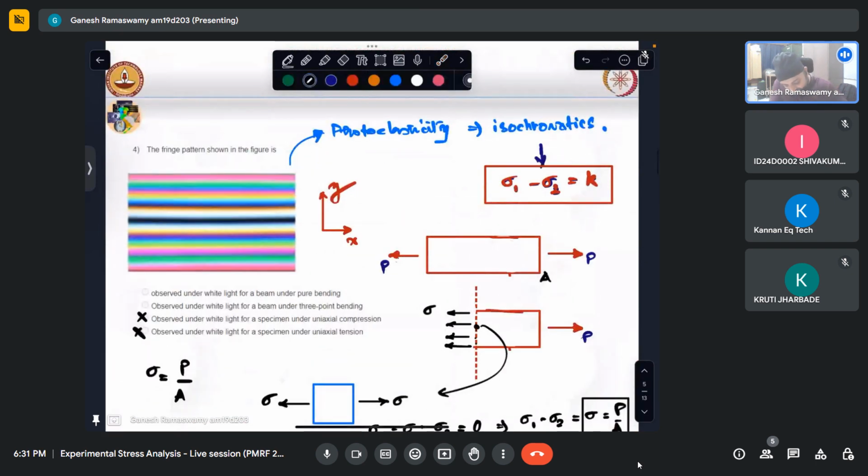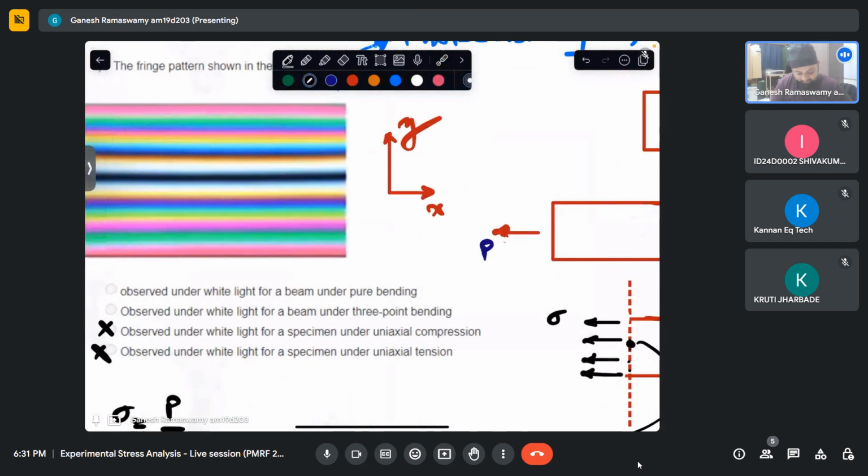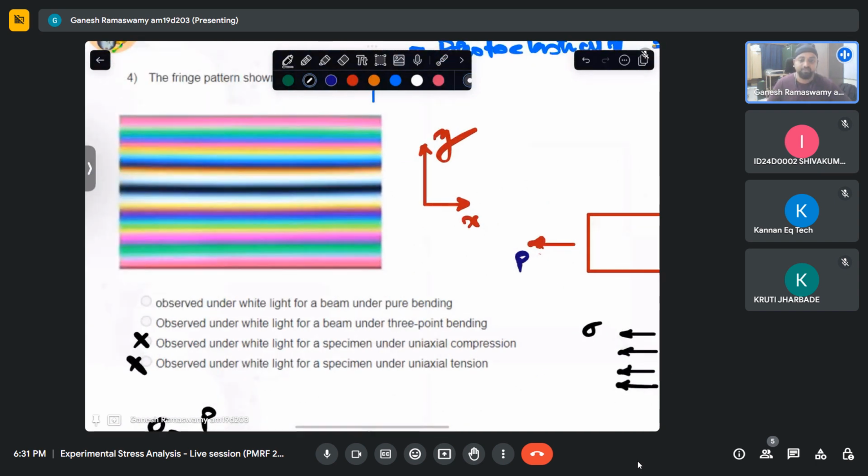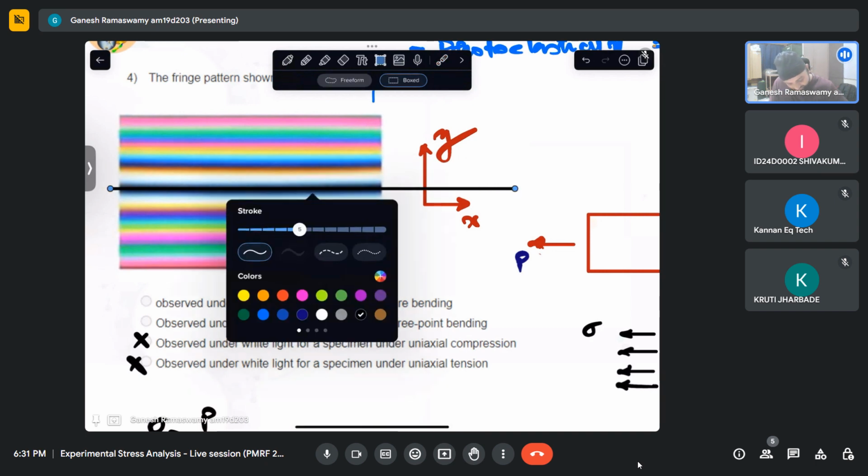Now here, if we look at this closely, I could derive it from first principles using the equations of pure bending and equations of 3-point bending, but I am going by inference here. What we see about this line, let me color it with some other color.